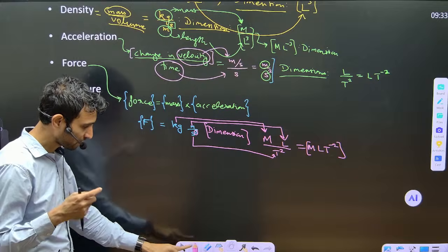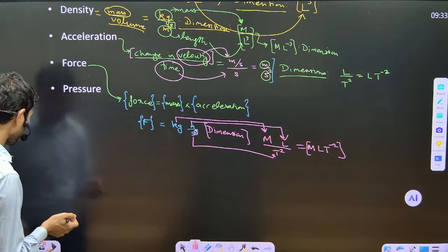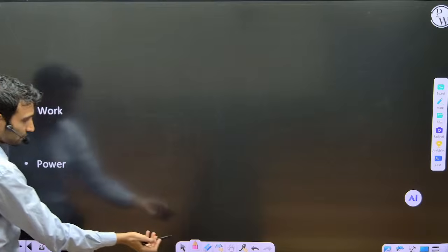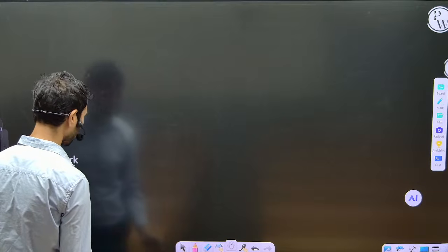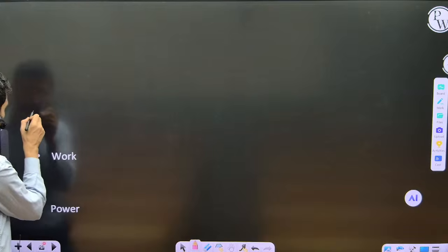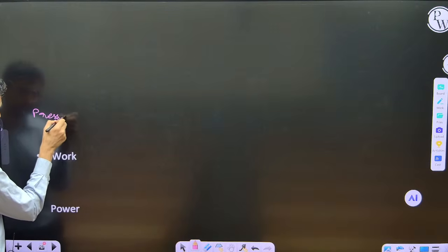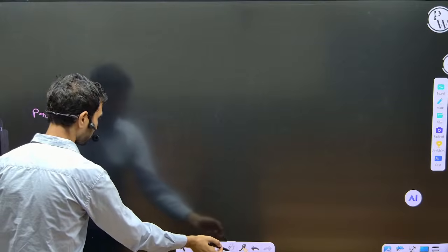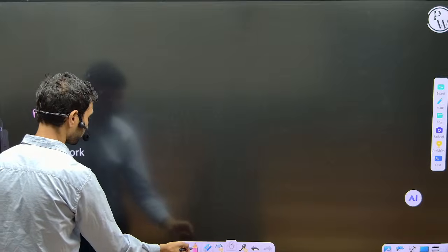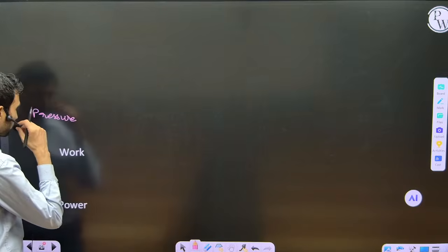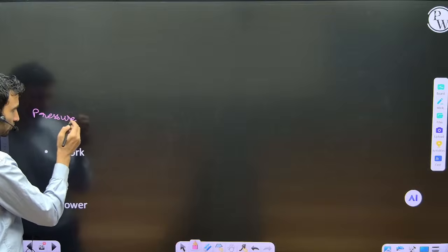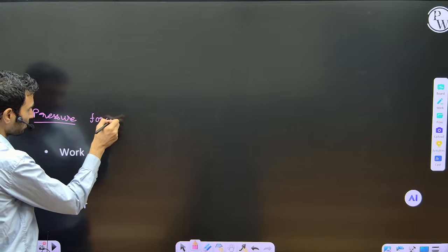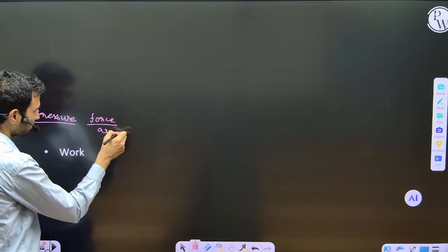So what is pressure after all? Pressure we can do in the next page, right? Let's do here. So pressure is basically force upon area.